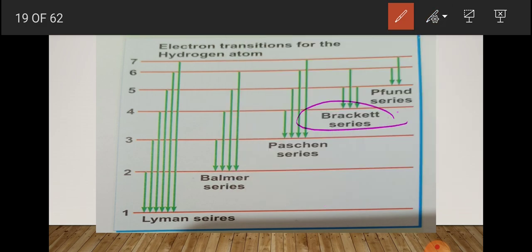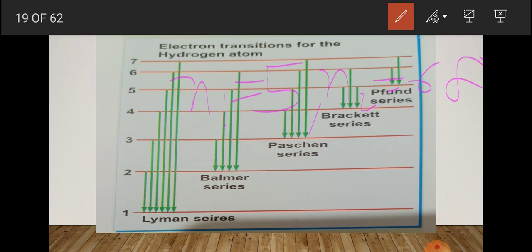Brackett: N1 will be 4, N2 will be 5, 6, 7, 8, infinity. Found in the IR region. Pfund series: N1 will be 5, N2 will be 6, 7, 8, 9 till infinity, and it is found in the IR region.